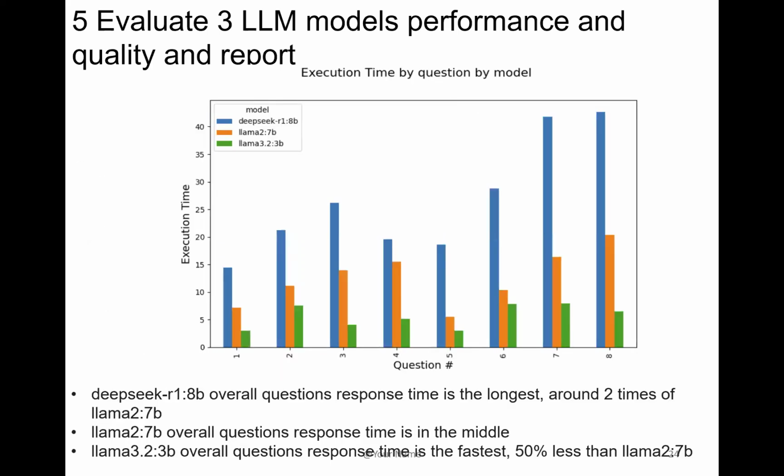Regarding the question response time, we notice overall DeepSeek R1 takes most of the time. And LLaMA 2 is almost one time faster than DeepSeek. And LLaMA 3.2 is even faster, only about 25 to 30% of DeepSeek.